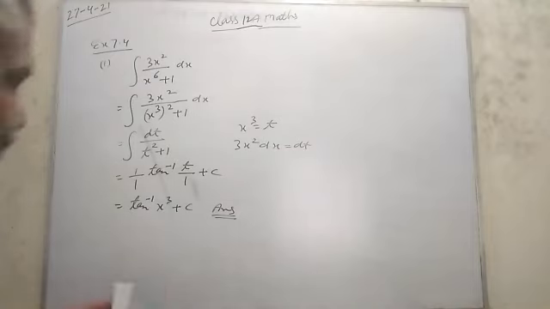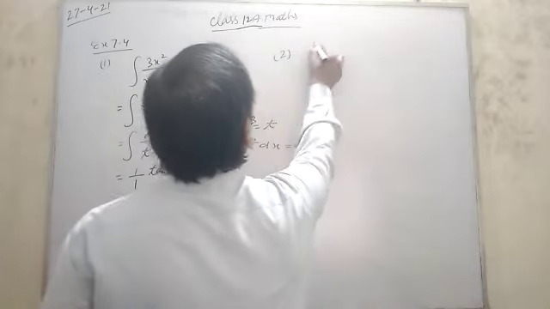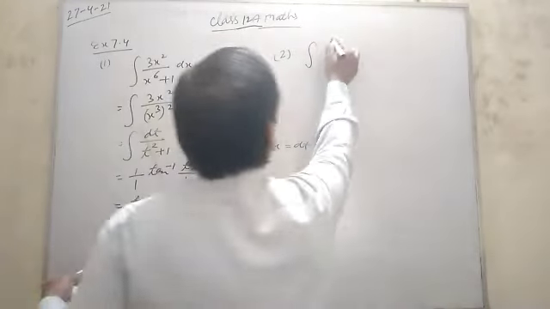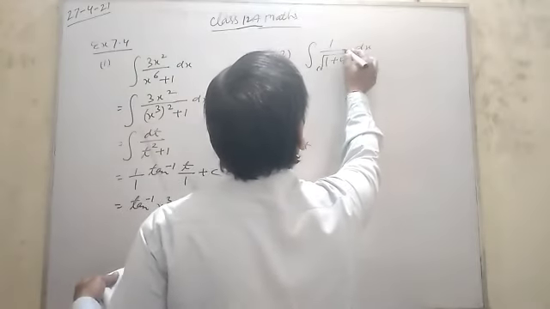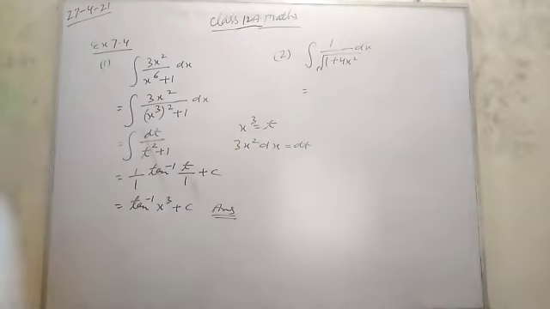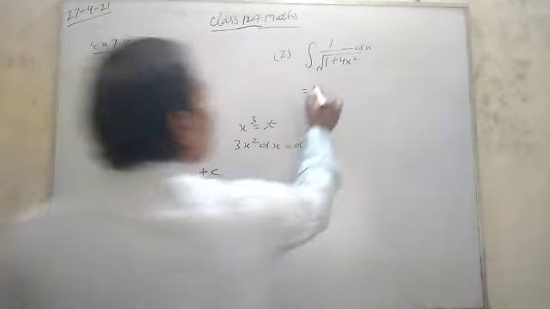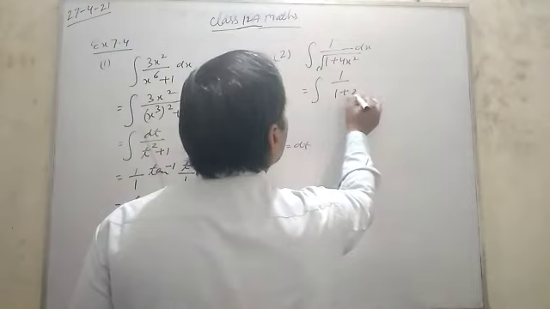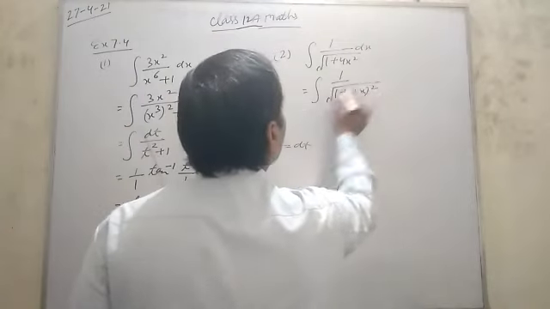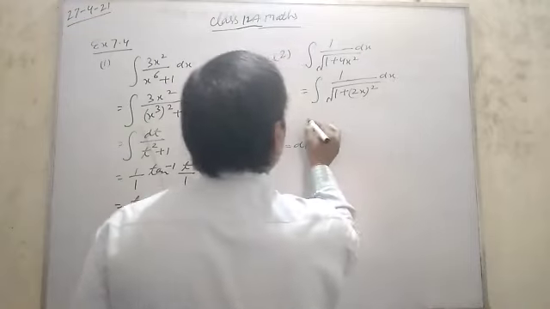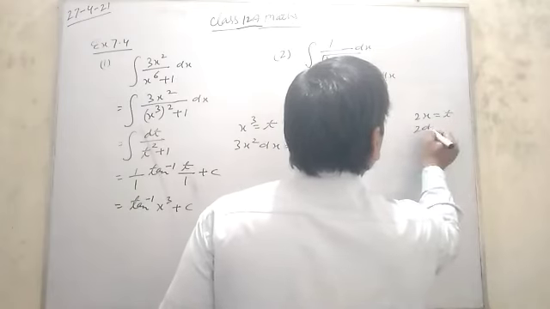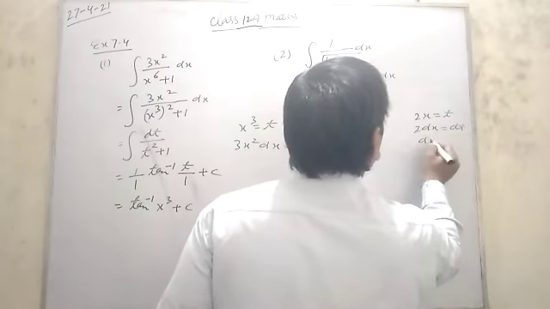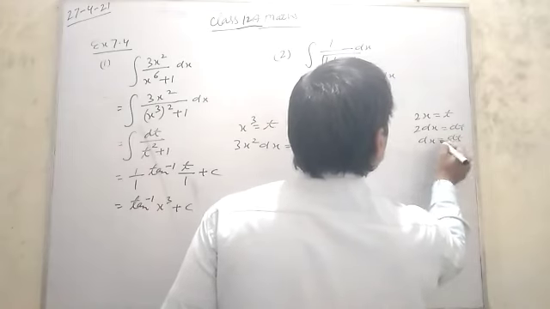Question number 2, integral of 1 upon under root 1 plus 4x square dx. In place of 4x square we can convert it into this form. Suppose 2x is t, so 2 dx is equal to dt, so dx is equal to dt by 2.